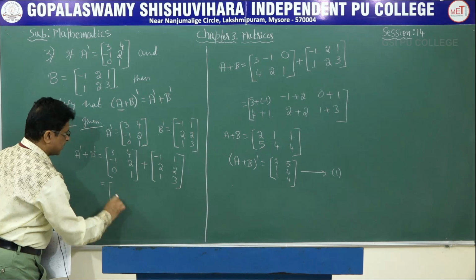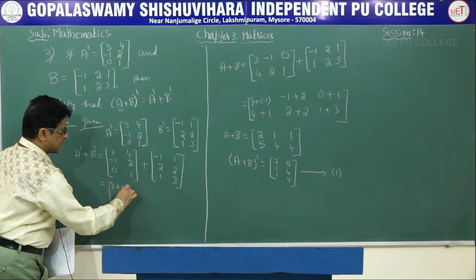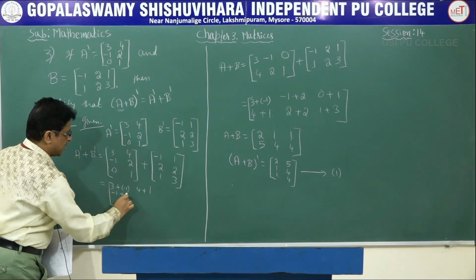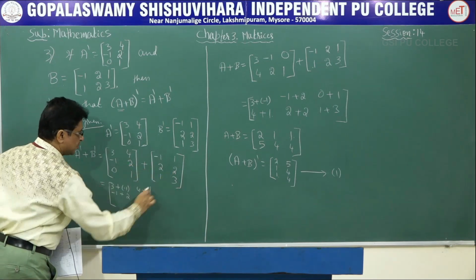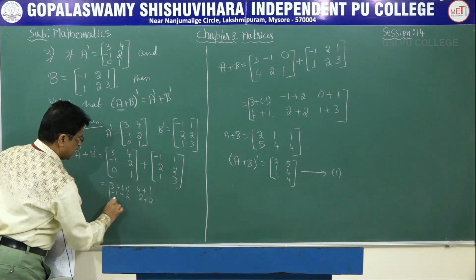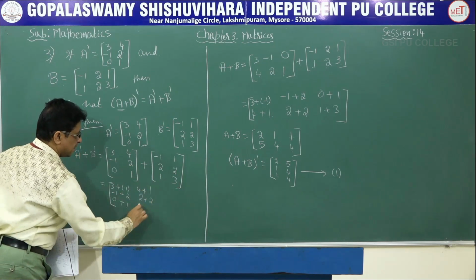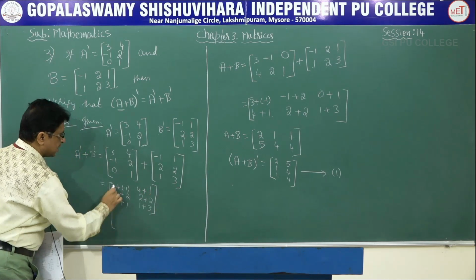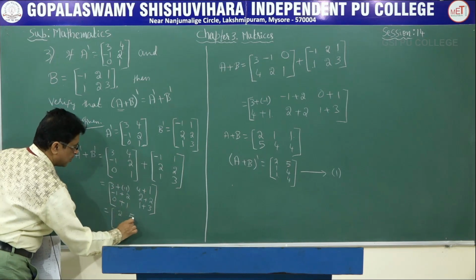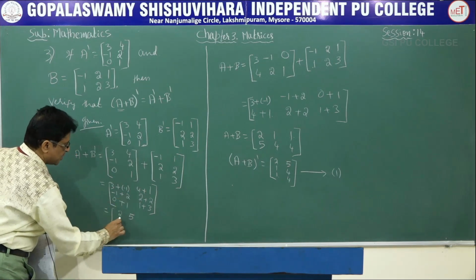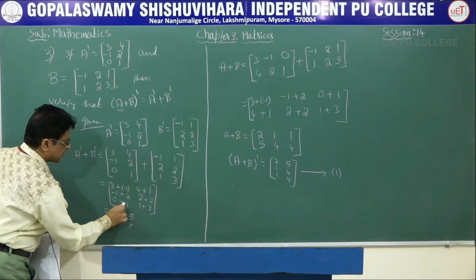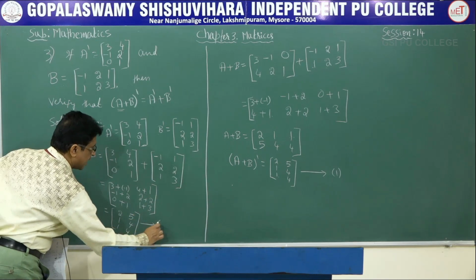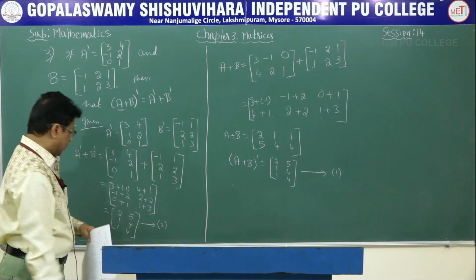So that will be equal to 3 plus minus 1, 4 plus 1, minus 1 plus 2, 2 plus 2, 0 plus 1, 1 plus 3. So that will be equal to 2, 5, 1, 4, 1, 4. We call this equation 2.